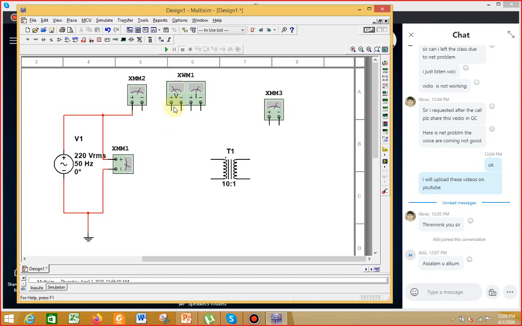The voltmeter will be connected in parallel, or across this power supply, which means that one end goes to the positive and the other to the negative. And the ammeter will be connected in series. It means that the input will be given to the positive of the ammeter and negative will be given to the transformer.